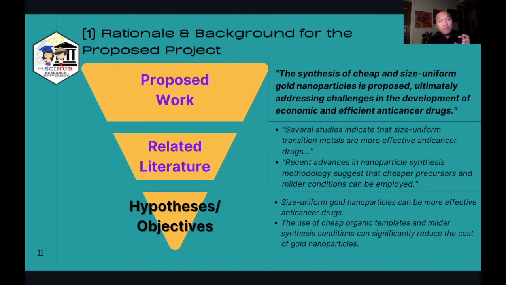That's findings from other research that helps you justify your interest in size uniform gold nanoparticles. And then you can also include pieces of literature that justify why you think you can make those nanoparticles cheap. So you can say recent advances in nanoparticle synthesis methodology suggest that cheaper precursors and milder conditions can be employed, and this is very critical for reducing the cost.